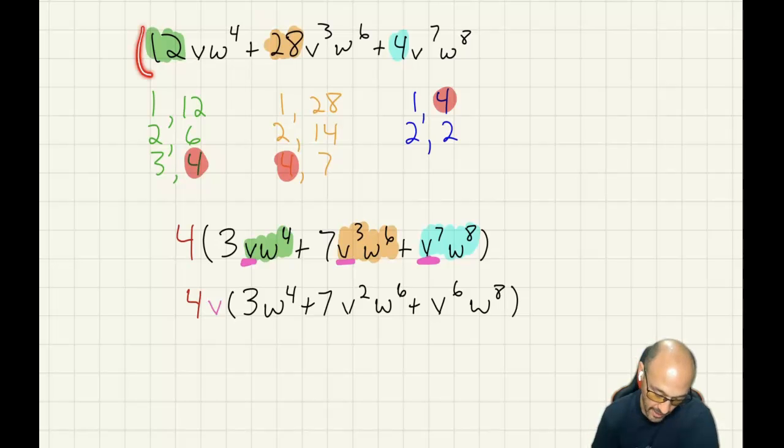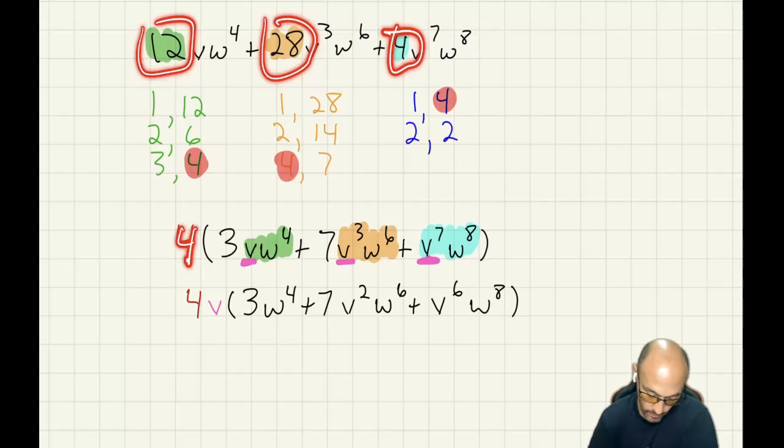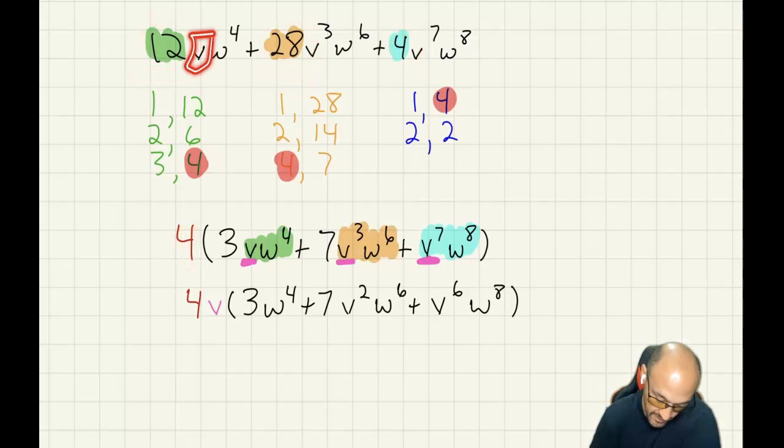So far I've looked at the numbers and I factored out a 4. And then I looked at the v's and I factored out one v. Now I'm going to look at the w's. Really, I guess I should have been a little bit more precise here. I should have only highlighted the v's because that's all we were actually looking at there.